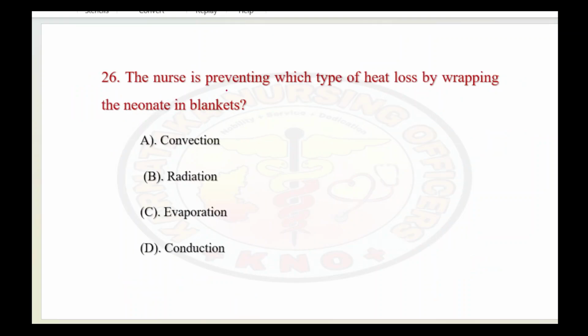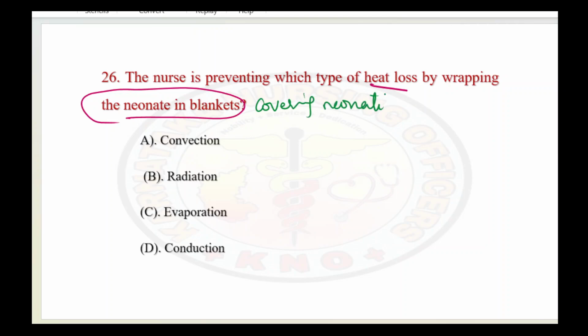So, next question. The nurse is preventing which type of heat loss by wrapping the neonate in a blanket? So, covering neonate with warm blanket. By covering the neonate with warm blanket, we are going to prevent the conductive heat loss.